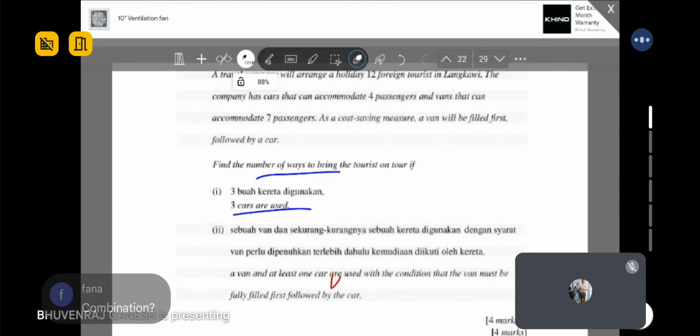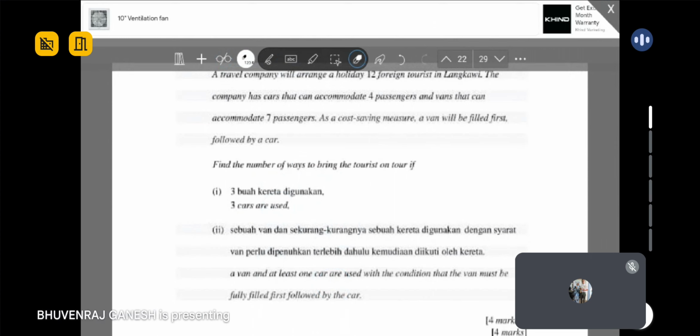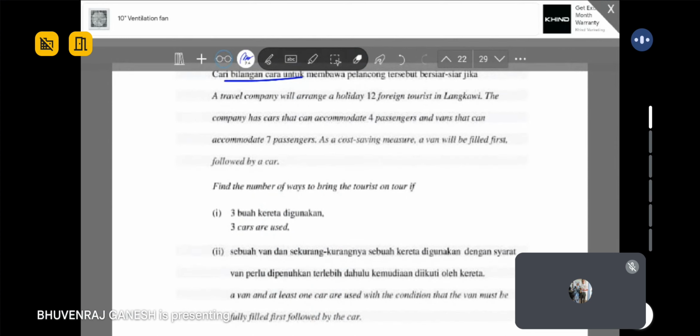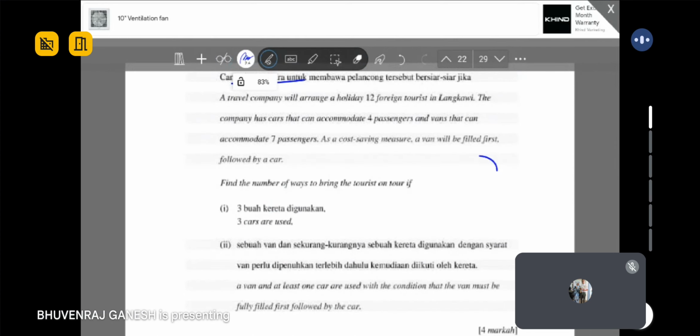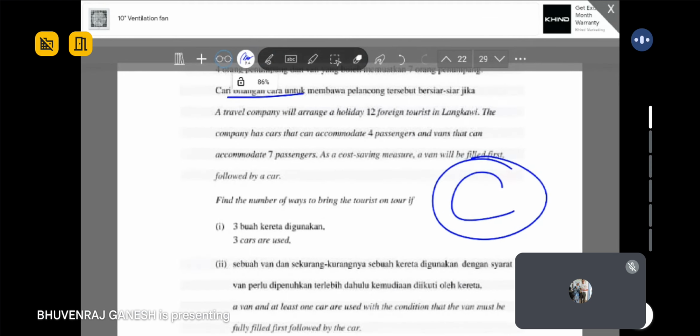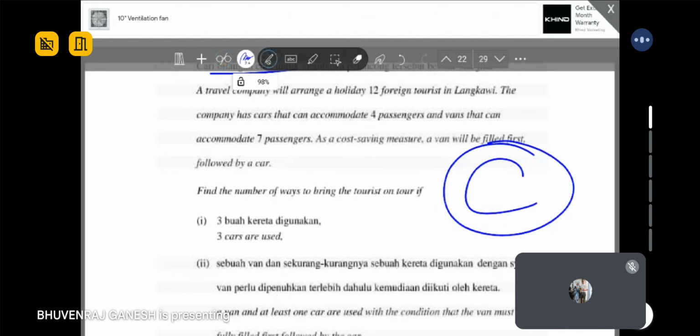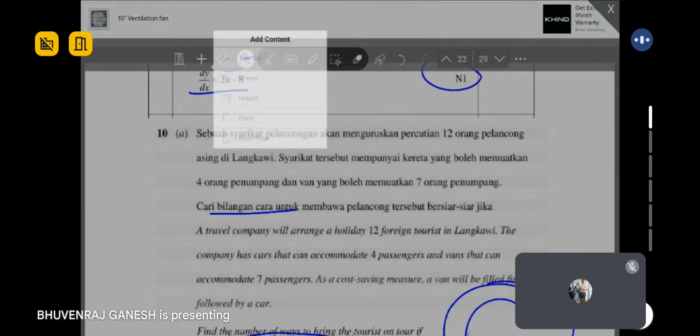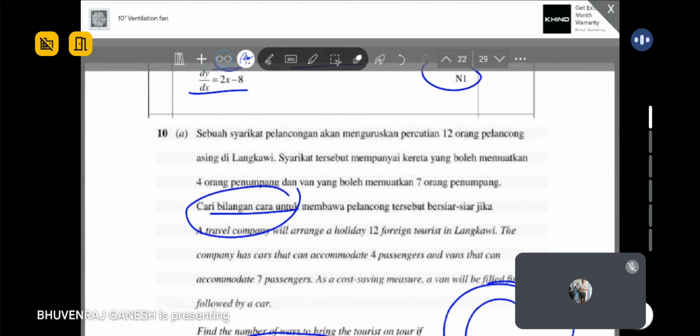Okay, the answer is, jawapan dia adalah gabungan, combination. Okay, remember, this question is C. Okay, so why C? Kenapa dia adalah gabungan? Look at this, guys. Number of ways, bilangan cara. Okay, you look at the question.